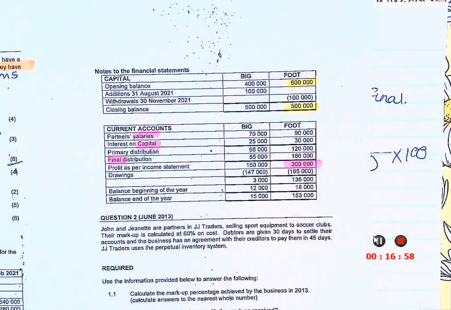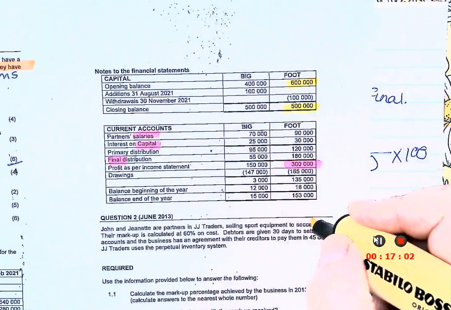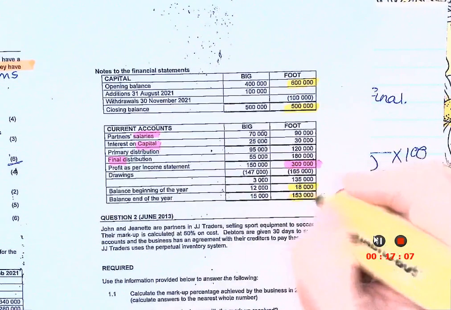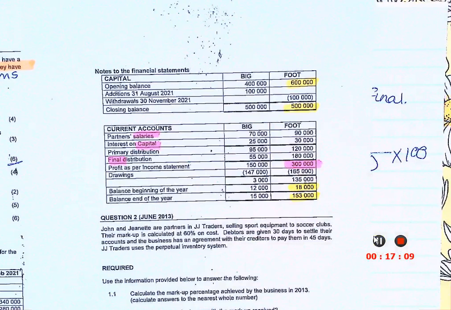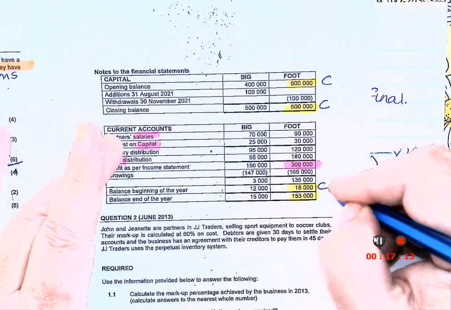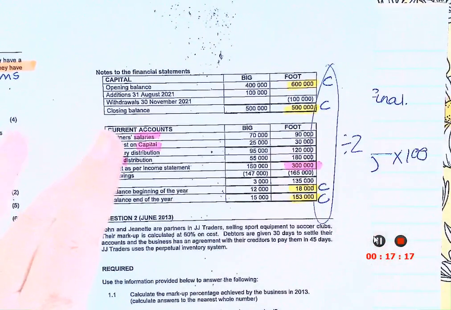I want the opening current and the closing current. C plus C plus C plus C divided by 2. Okay, because I want an average.